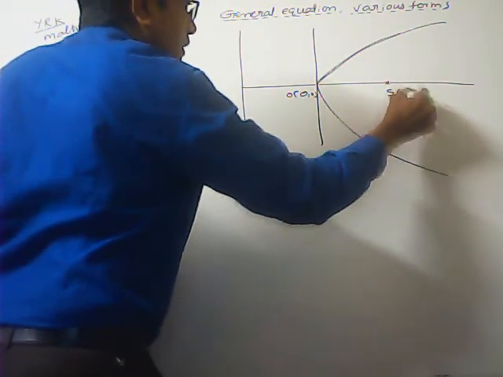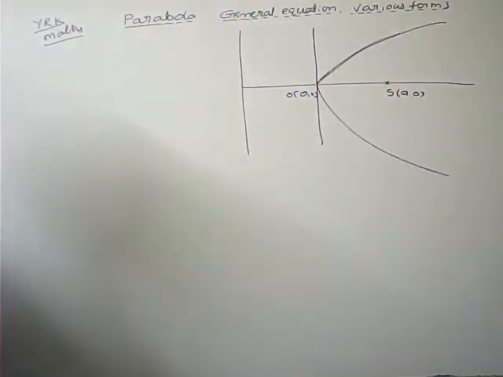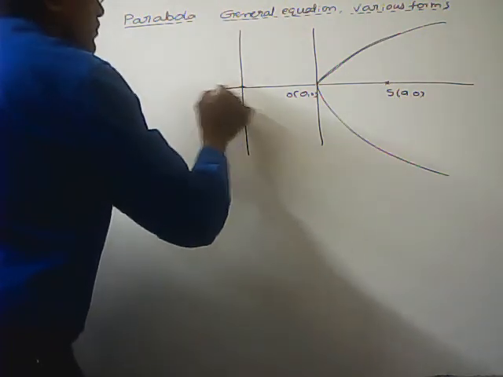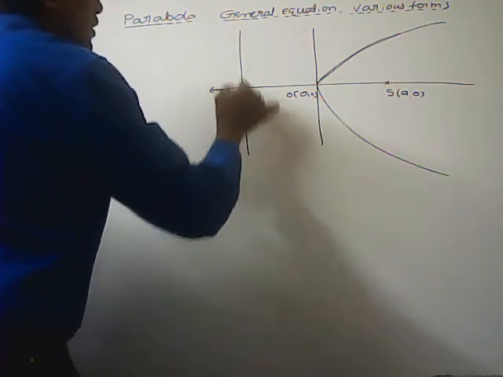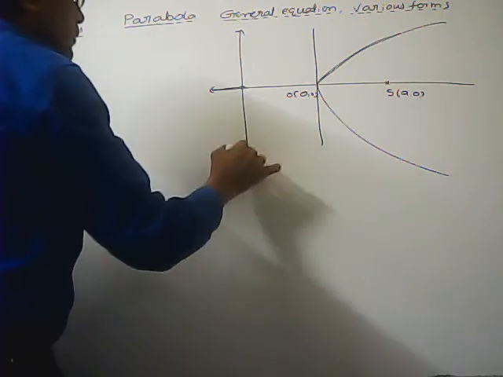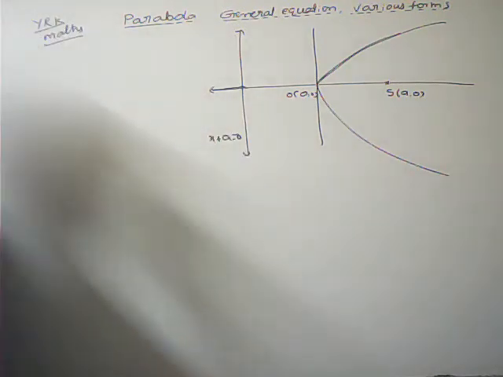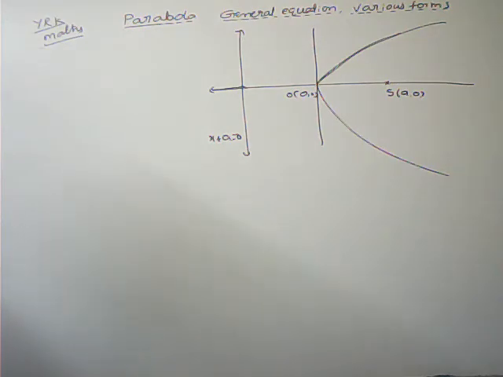To get the standard form of the equation of the parabola, we have to take a fixed point (a, 0), and at the same time a fixed line, I am taking x + a = 0. Here, fixed point (a, 0) and fixed line x + a = 0.